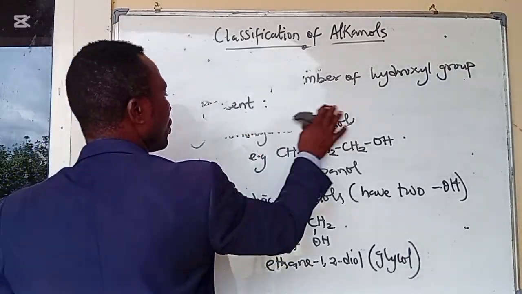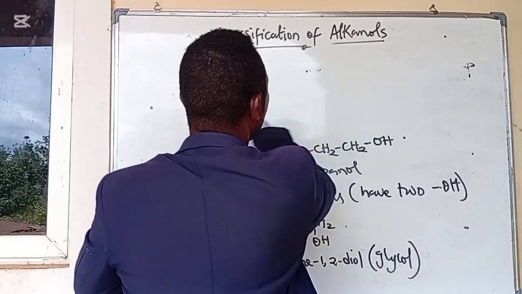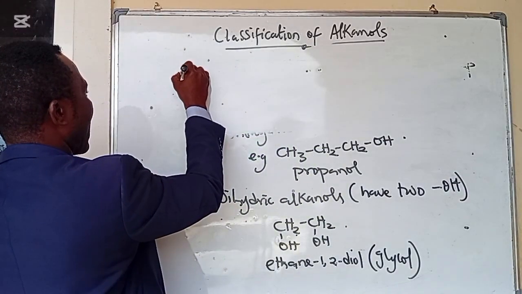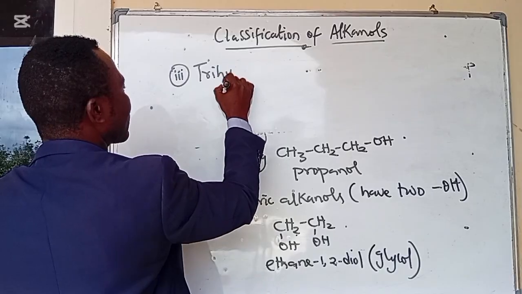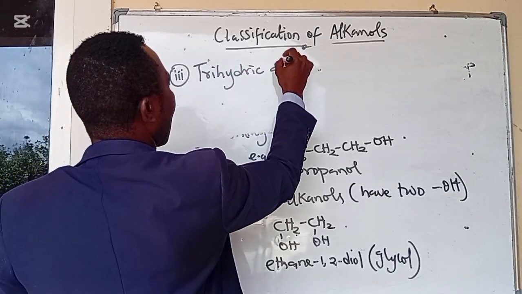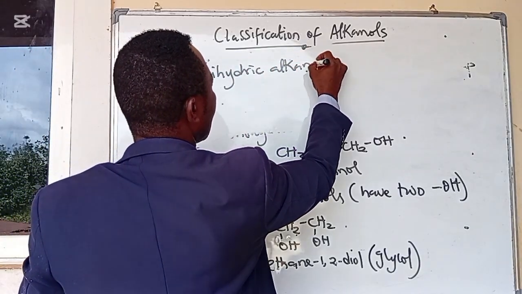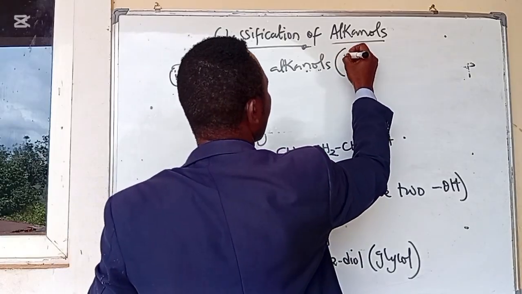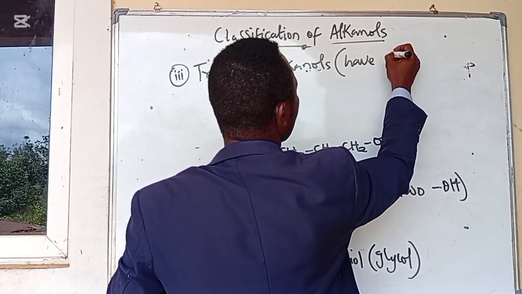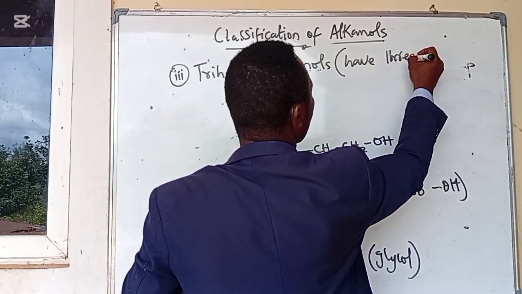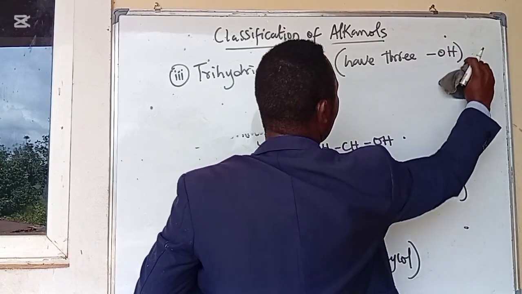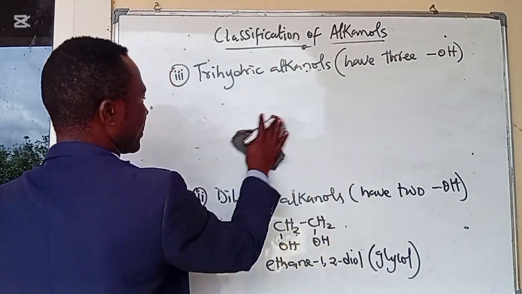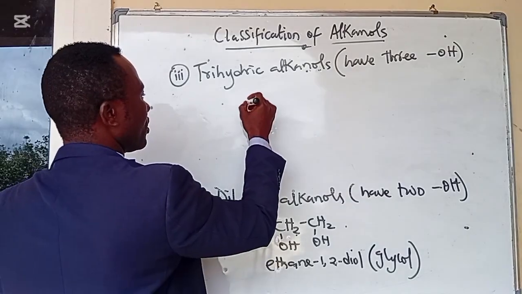Alright. So number 3, we have trihydric alkanols. Trihydric alkanols, they have 3 hydroxyl groups. So there are 3 hydroxyl groups present in trihydric alkanols.